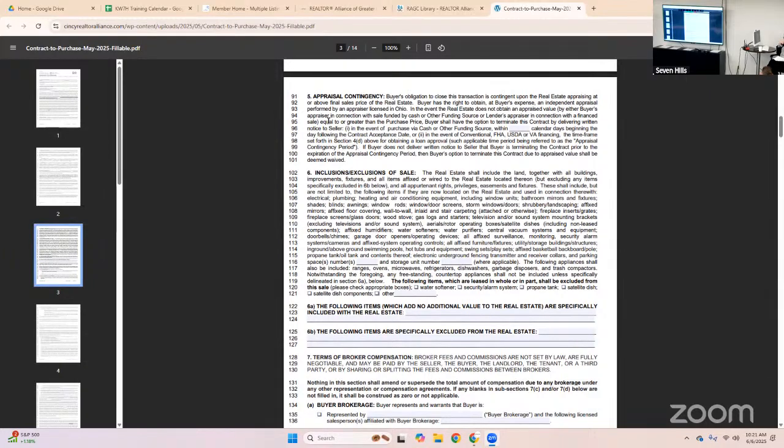If the buyer does not provide written notice to seller prior to the end of the appraisal contingency period, the buyer's option to terminate is waived and the buyer accepts the appraised value.